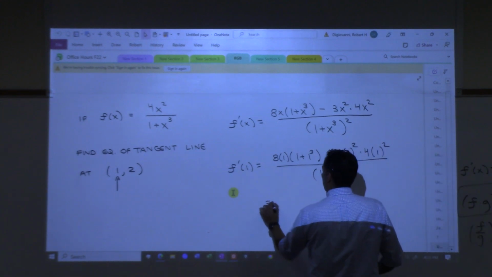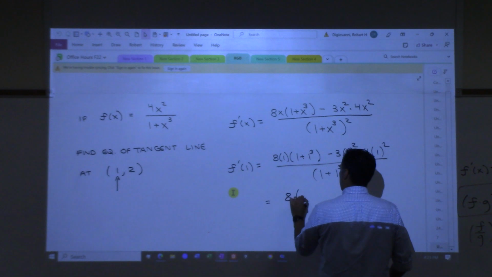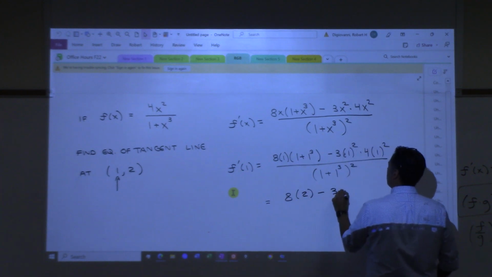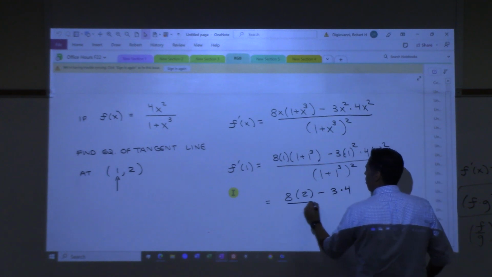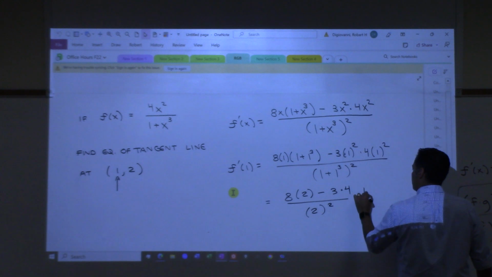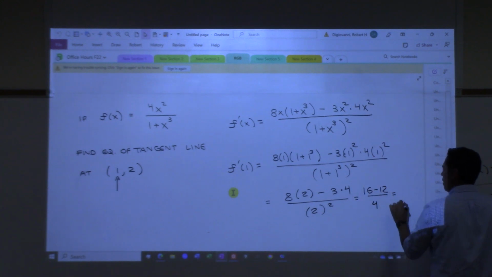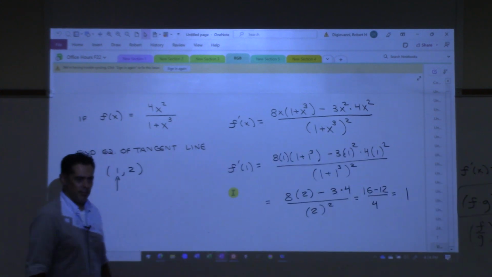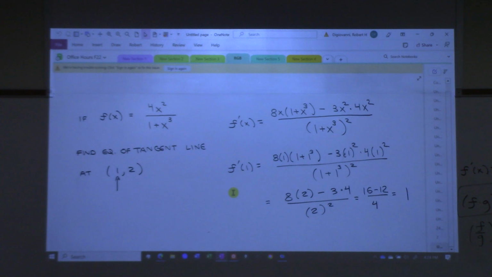So I should get 8 times 2, minus 3 times 4, over 2 squared. So the top is 16, take away 12, all over 4, and that's 1. So that means the slope of our tangent line is 1, right?